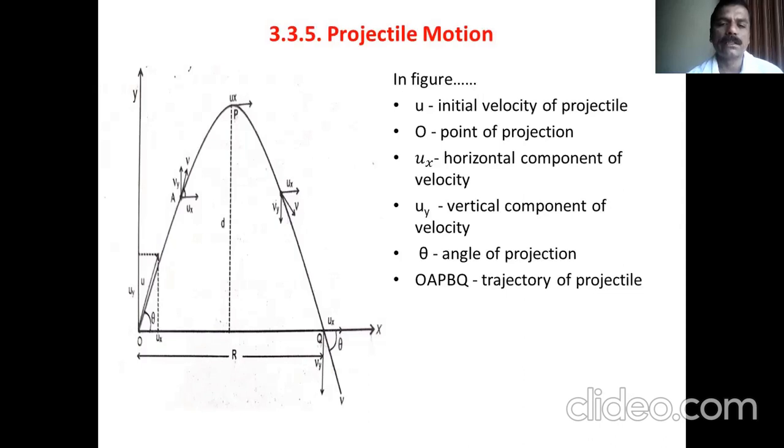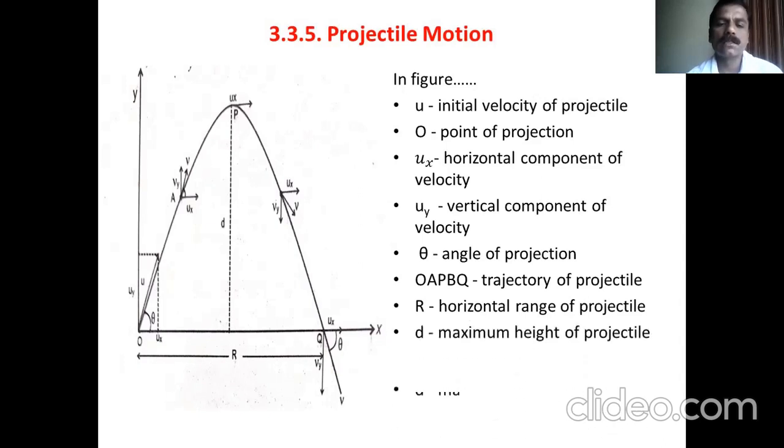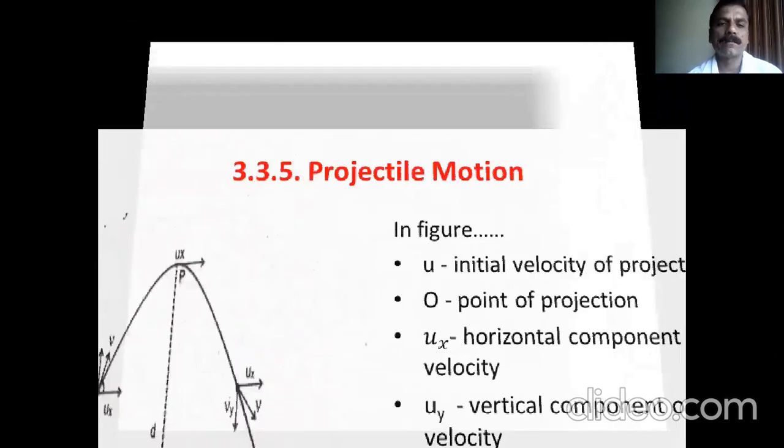OAPBQ is the trajectory of the projectile. R, capital R, is the horizontal range of the projectile. Small d is the maximum height of the projectile, or letter H is also used. Capital P is the point at the maximum height.